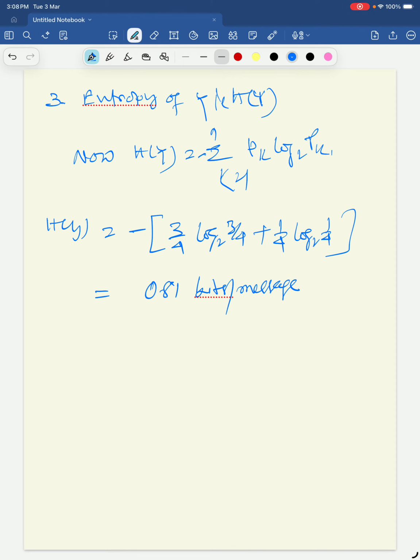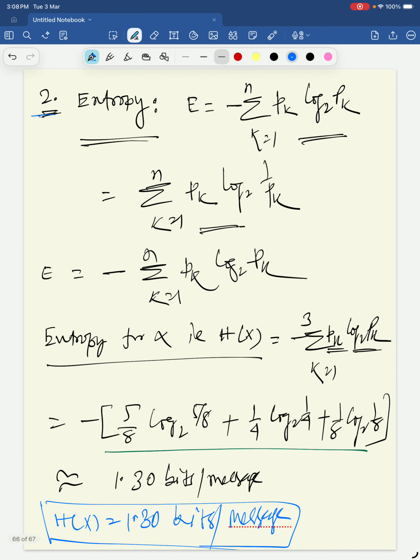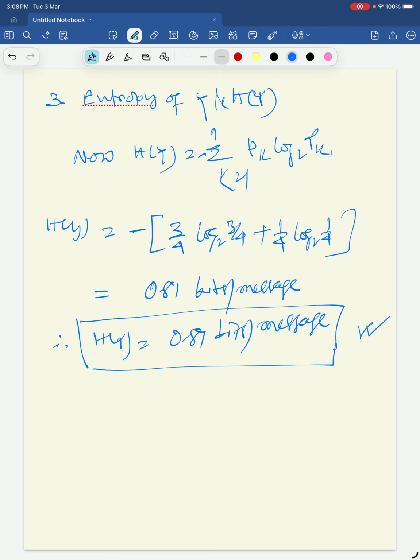So this is the entropy of y. Therefore H of y is equal to 0.81 bits per message. This is also very important. From 3, we got H of x, we got H of y.